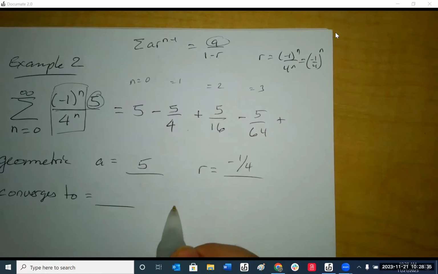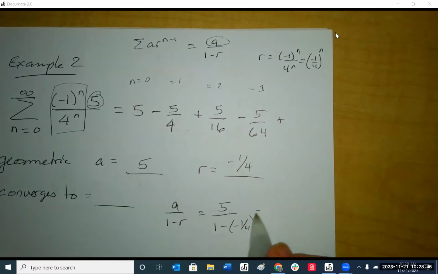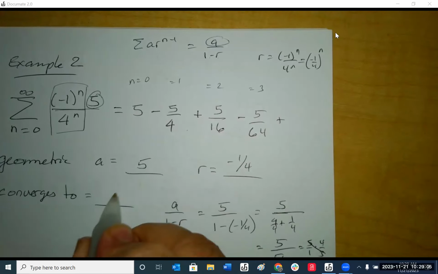Since we have these, we can see where it converges to. A over 1 minus negative 1/4, which is 1 plus 1/4. So this is 4/4, makes it 5/4. 5 over 5/4, flip it, 5 times 4/5. It converges to the number 4.